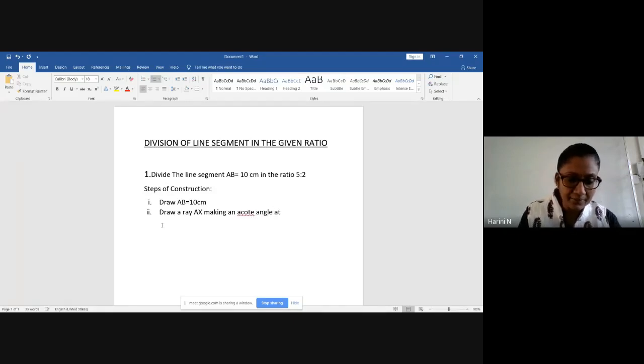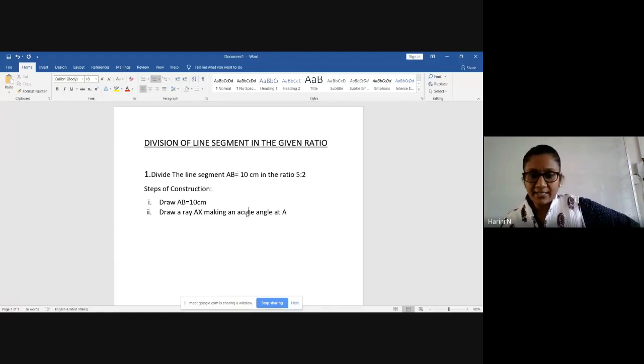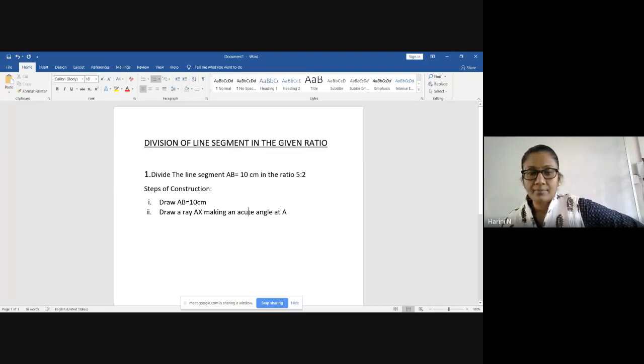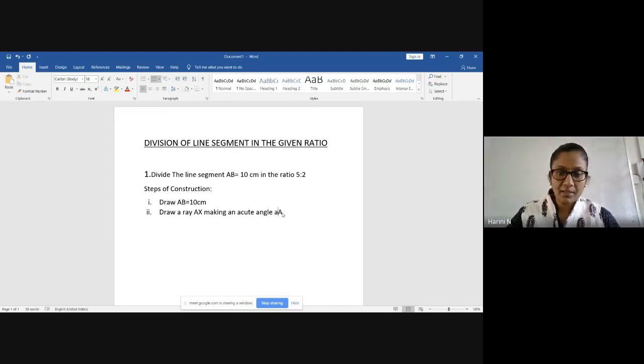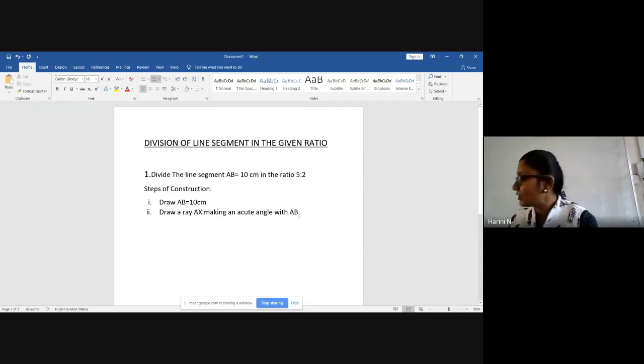Draw a ray AX making an acute angle with AB, not at A, because it should be with AB. Sorry. Making an acute angle with AB, because with respect to the line segment, we are drawing an acute angle with AB.